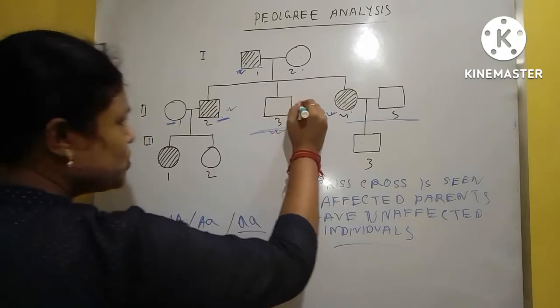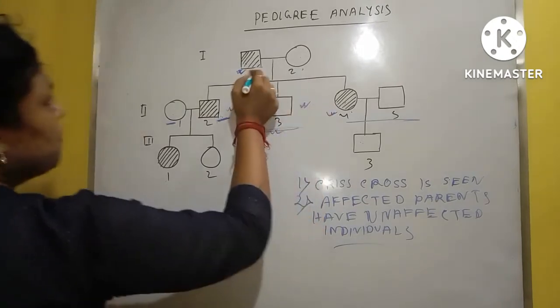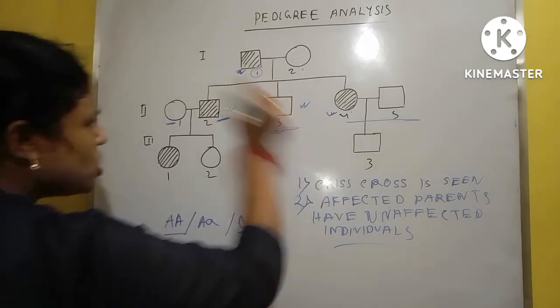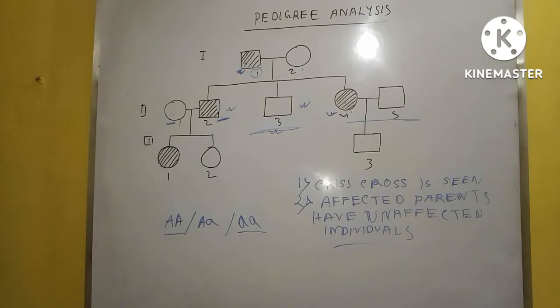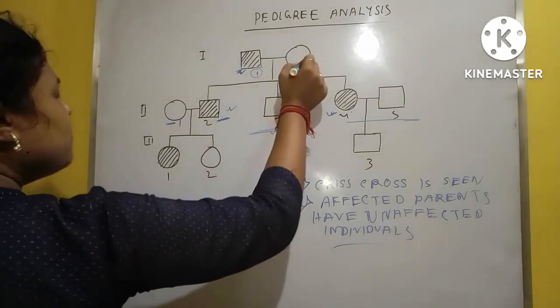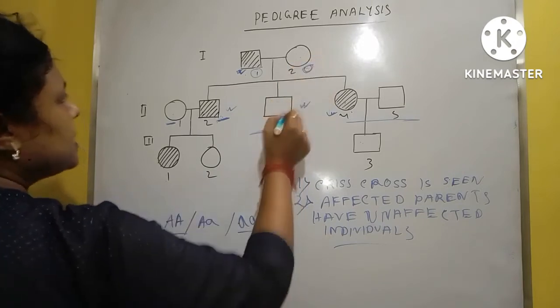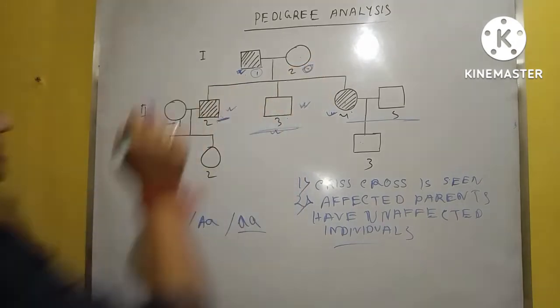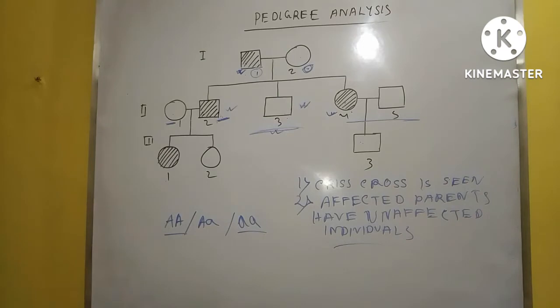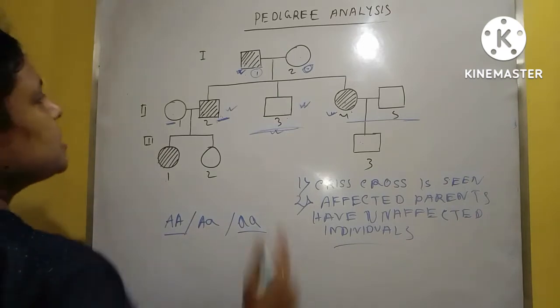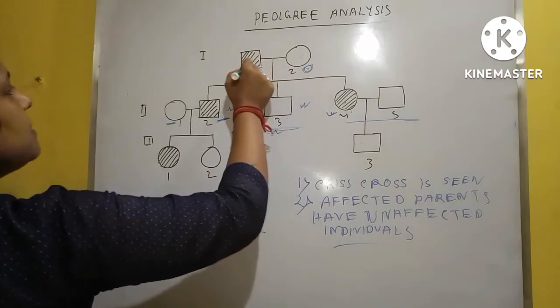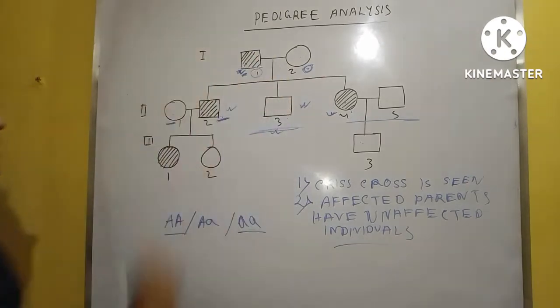So here, suppose we consider that the father's disease gene is not coming from the father, and only the mother's gene in non-diseased form comes to this. What is happening here? It's not possible, because one important gene must be coming from the father.